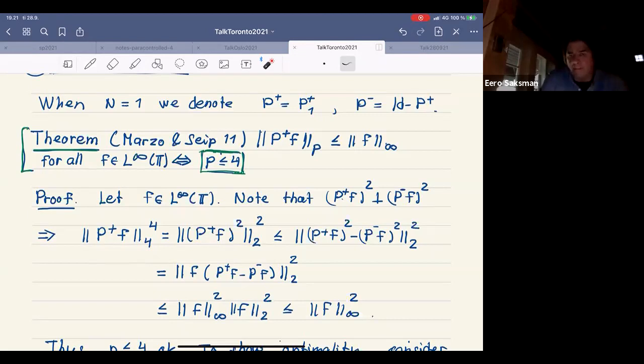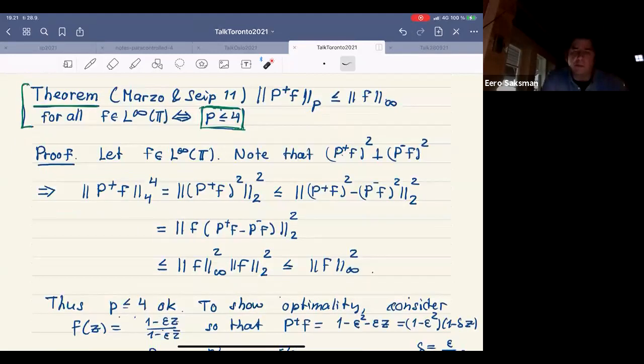Okay. Squares, so you get f as one factor, and then you have the difference of P plus and P minus.